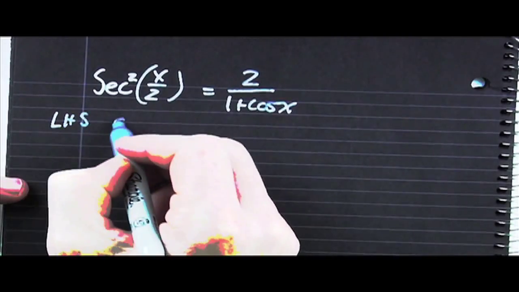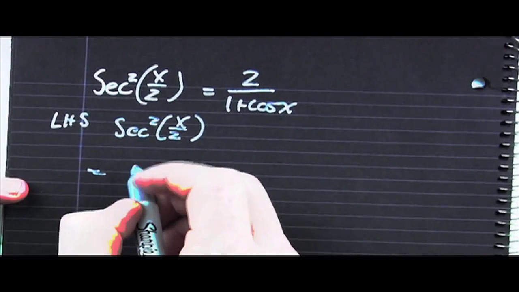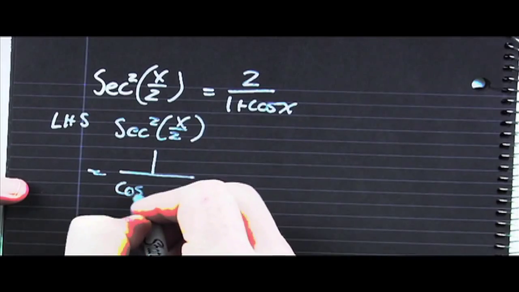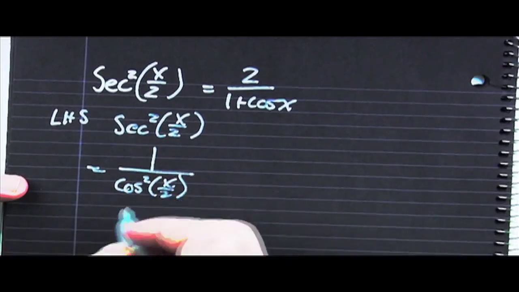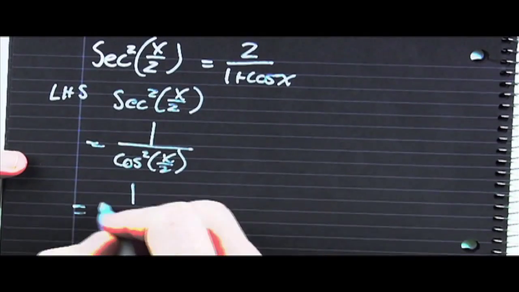Prove the secant squared of the half angle is equal to 2 over 1 plus cosine. You rewrite that left-hand side, and you're using the reciprocal identity. And then the half angle.